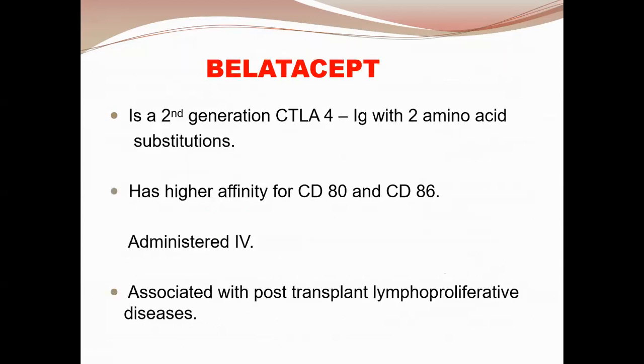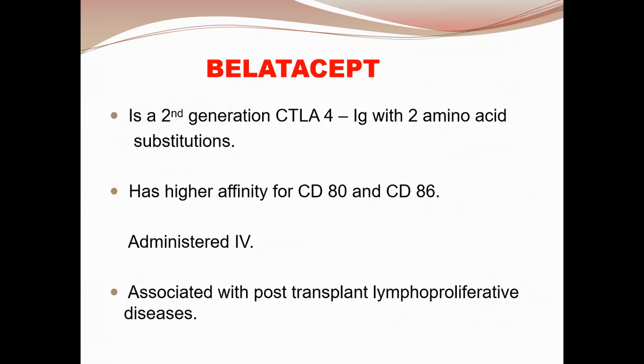We have belatacept. So this belatacept is a second generation CTLA4 immunoglobulin with 2 amino acid substitutions. It has higher affinity to CD80 and CD86.